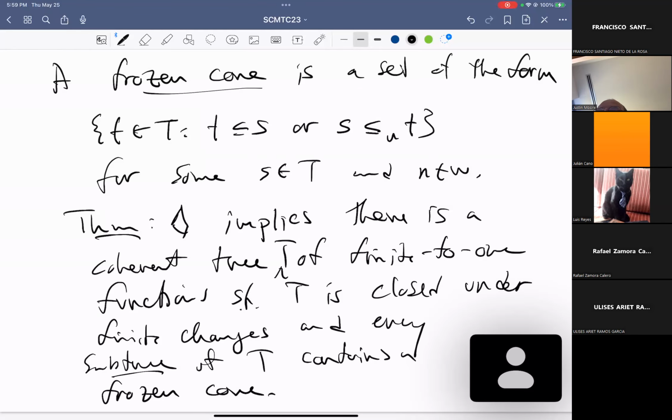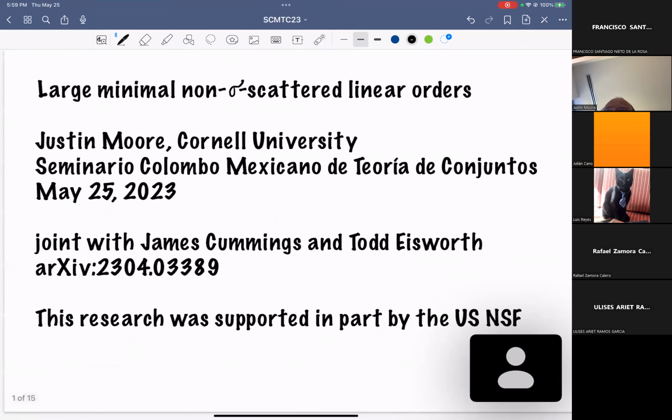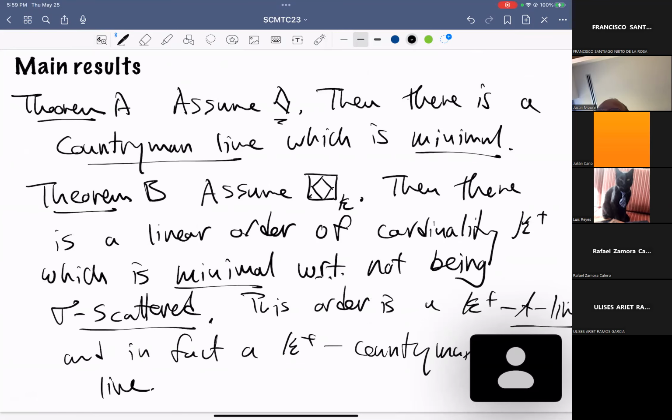And I guess I will finish by going back to the very first slide and making an additional remark that Assaf Rinot has shown that if you have a singular strong limit cardinal kappa, and 2 to the kappa is kappa plus, then square with diamond inside holds.